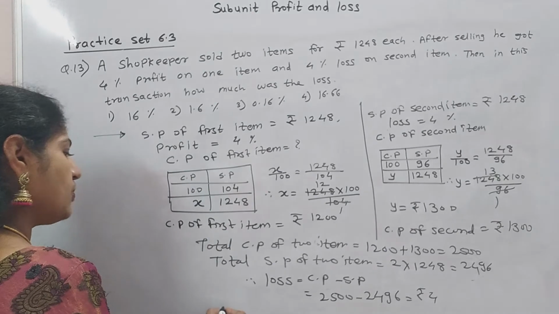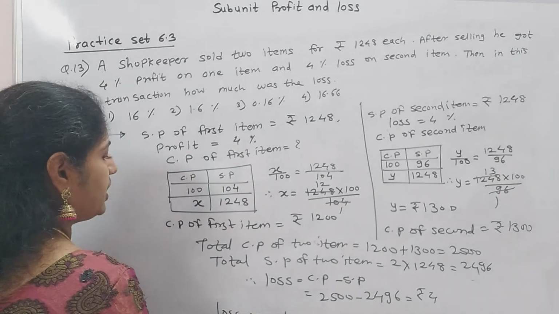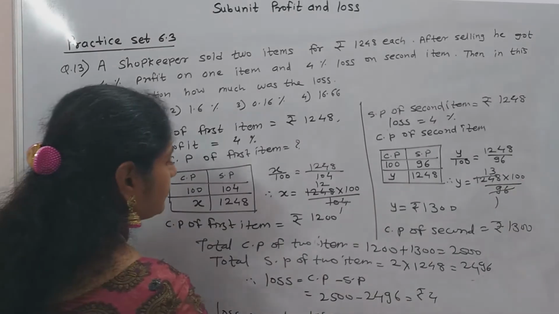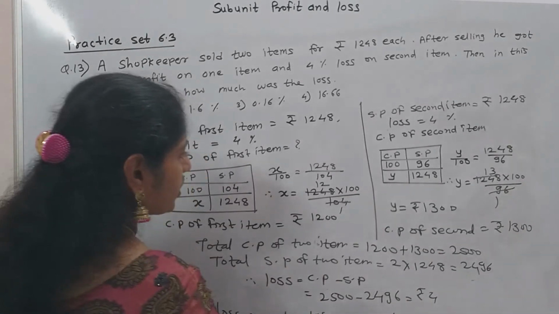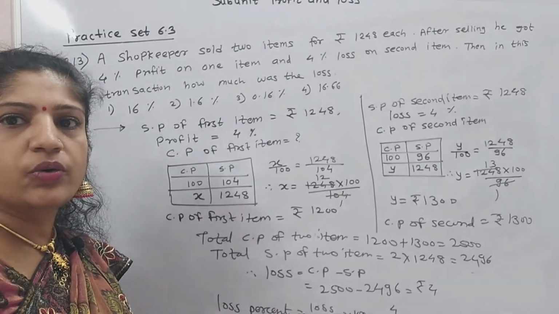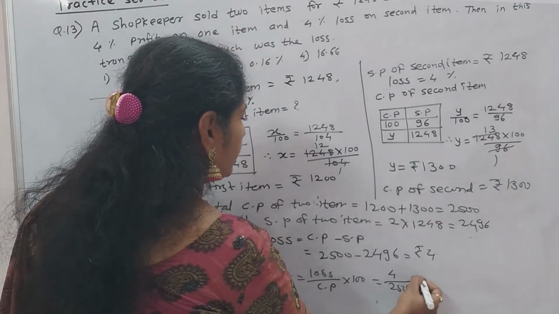But percentage loss, loss percent equals loss upon cost price into 100. Loss is 4 upon 2,500, total cost price, into 100.